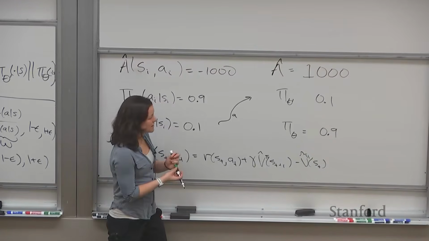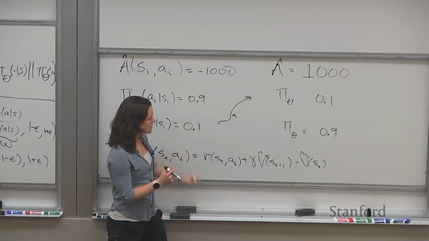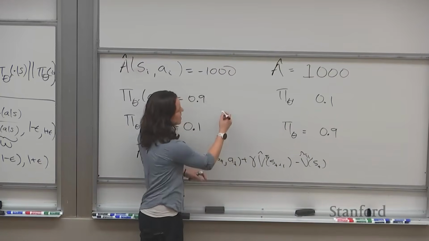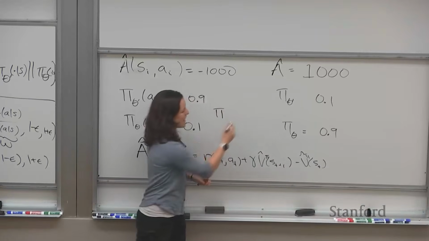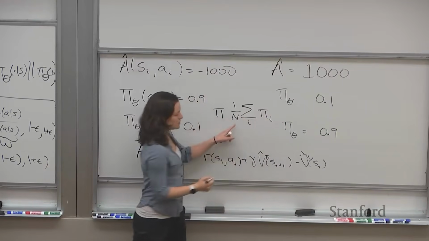It's not trivial to write it down. If things were collected in a particular way, the policy might look something like an average over your previous n policies.